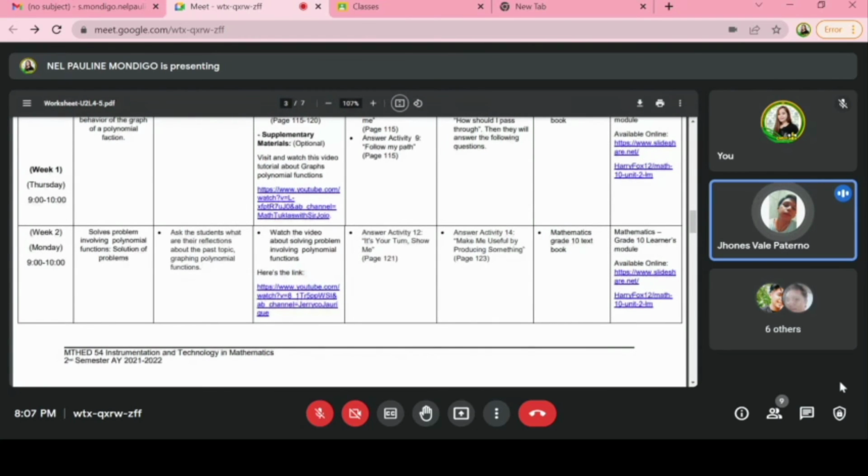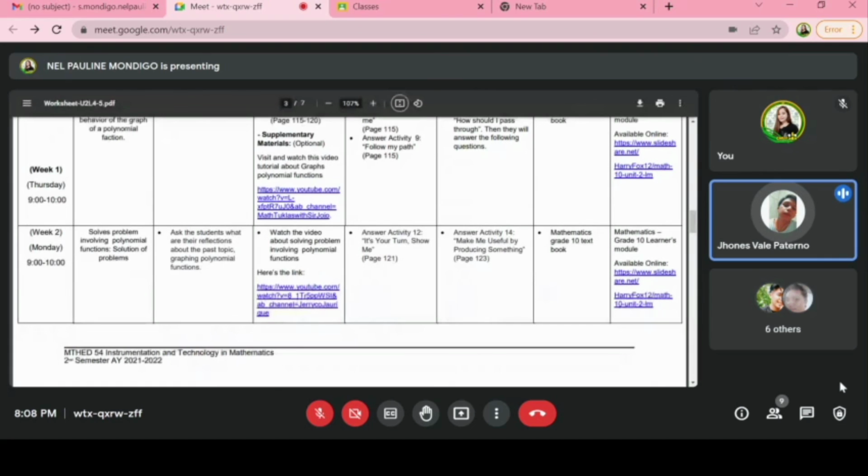It's Your Turn, Show Me, can be found on page 121. This individual activity is a matching-type activity that asks them to graph the polynomials that correspond to the best answer. In activity 14, Make Me Useful by Producing Something, found on page 123, this can be done individually, by group, or in any form of assessment.